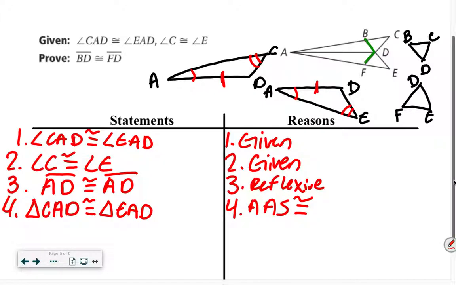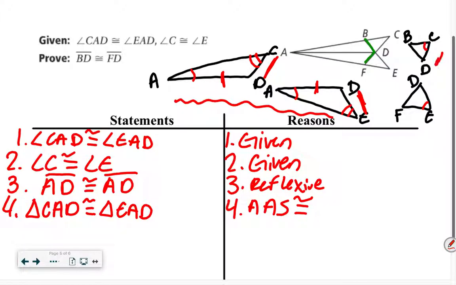We already know something about these triangles: C and E are in here, and I already know C and E are congruent. If these triangles are congruent, everything inside them has to be congruent. So does that mean CD and DE are congruent?